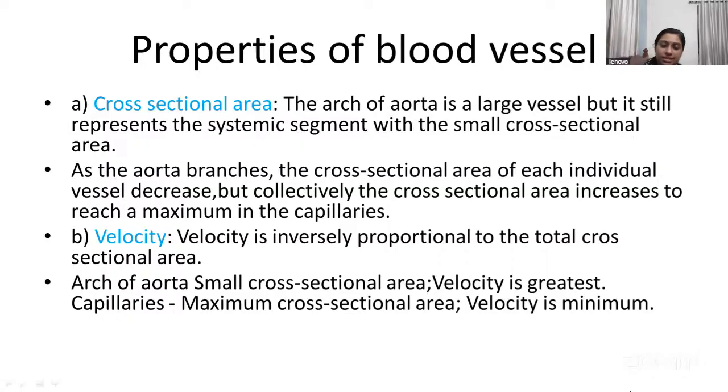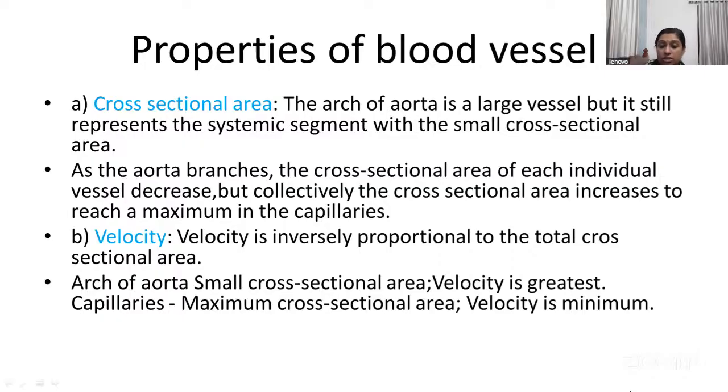First is the cross-sectional area. We know that the arch of aorta is a large vessel, but in the systemic circulation, when compared to the other smaller arteries, the arch of aorta's cross-sectional area is less, because there is only one arch of aorta, but there are multiple arteries and arterioles.